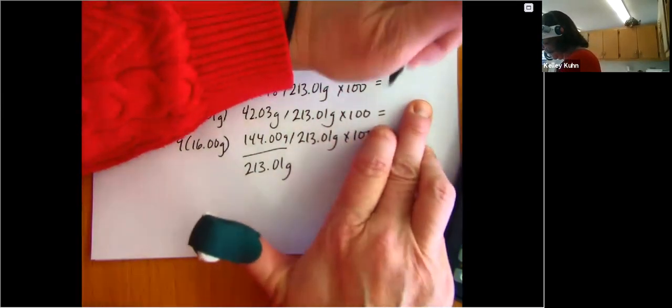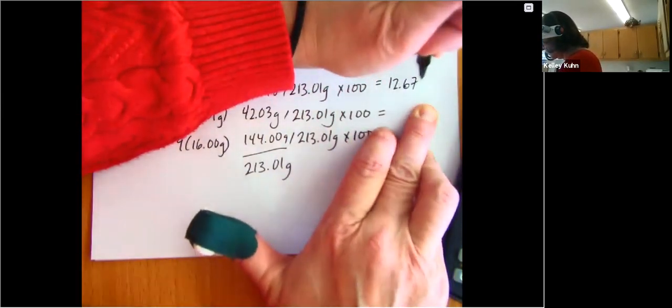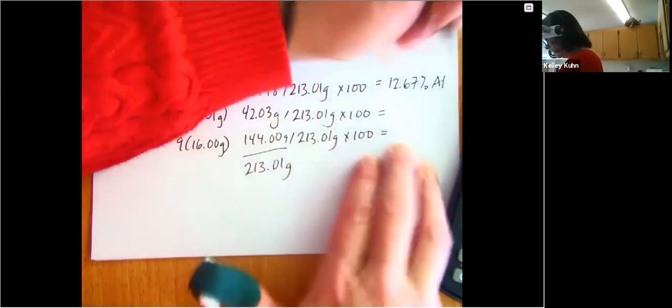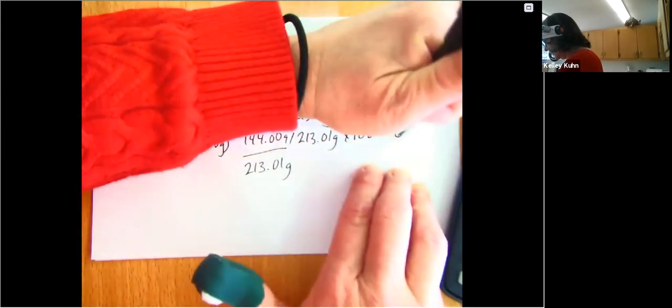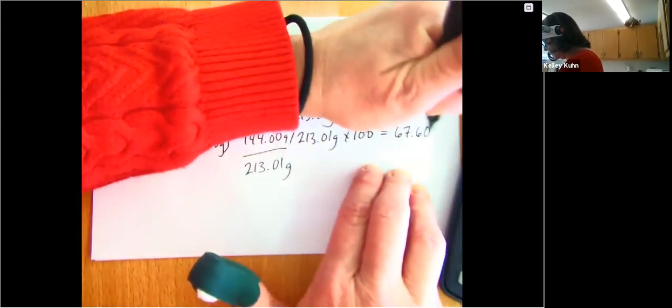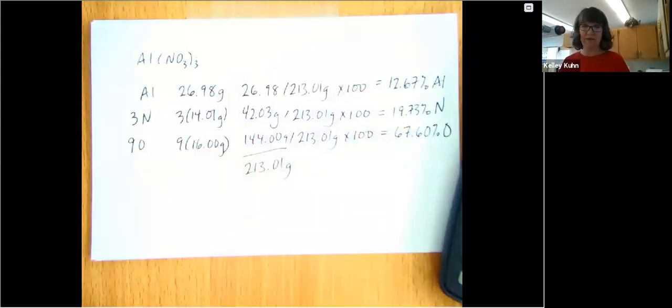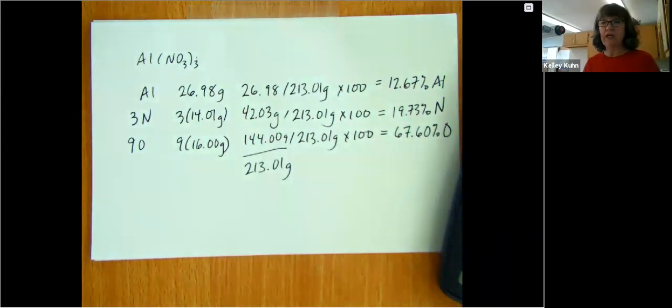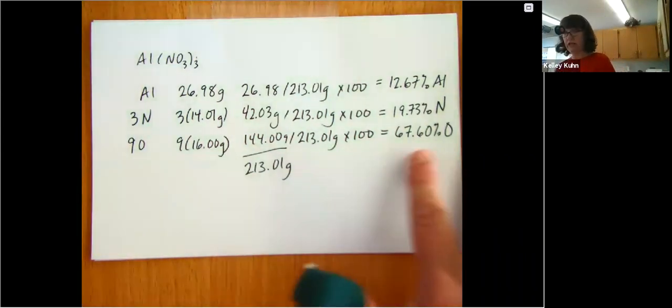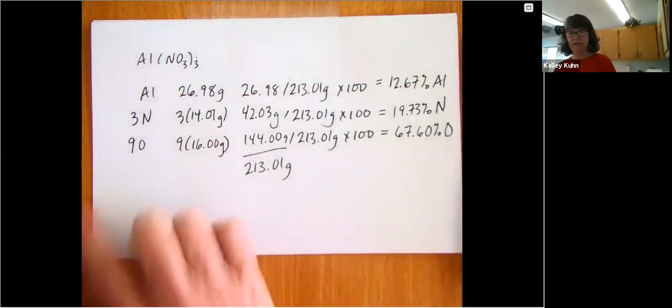But I got 12.67% aluminum, 19.73% nitrogen, and 67.60% oxygen. That was the bell work. That is something we have already done. So how can we start here and work back to the formula?